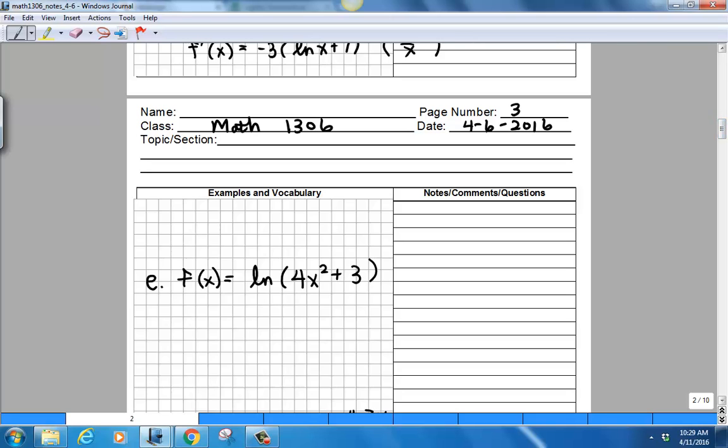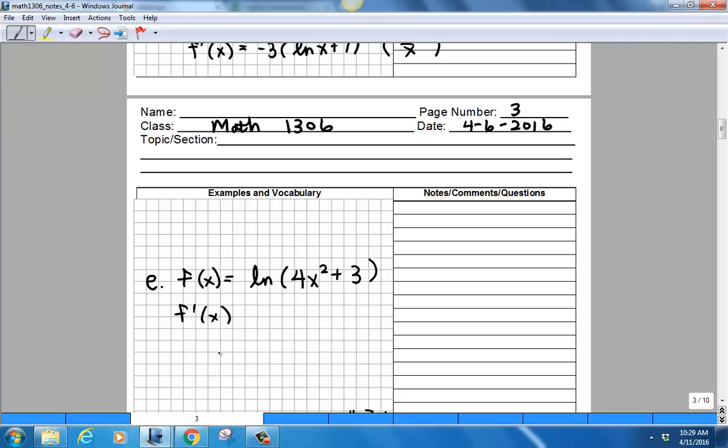Let's try another one. This one doesn't involve the power rule, okay, but you still have to use the chain rule. All right, so let's see if we can find the rate of change of natural log of that whole thing, 4x squared plus 3.